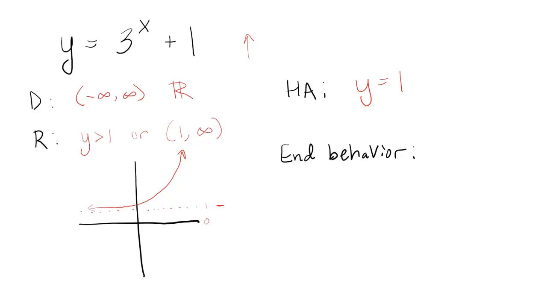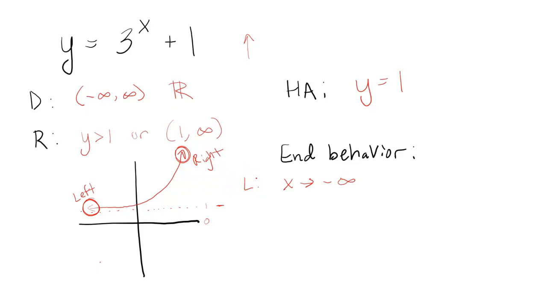My end behavior. When I'm talking about my end behavior, I'm talking about my left end and my right end. My left end is going to the left, which is negative infinity.